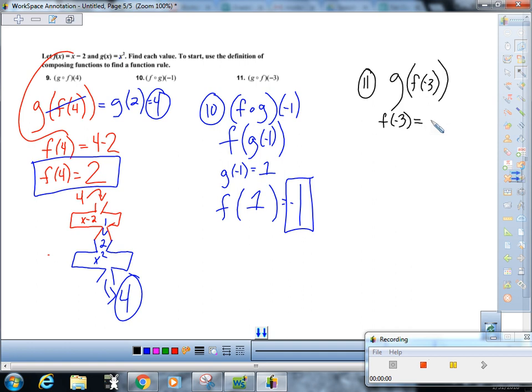Negative 5. Thank you, Ashley. So now we want g of whatever this was. G of negative 5. Negative 5 squared. Positive 25. Thank you. I hope that helps with this a little bit. Boom!